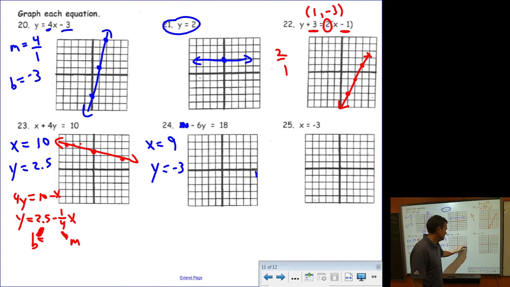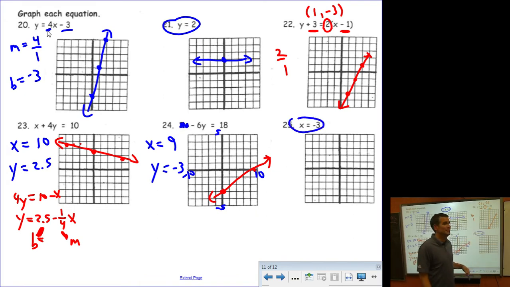So I'm going to have to scale my x-axis again by 2's, and my y-axis can be by 1's. And I would put a dot at 9 on the x-axis and -3 on the y-axis, and my line might look something like that.